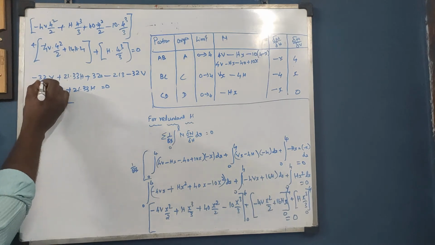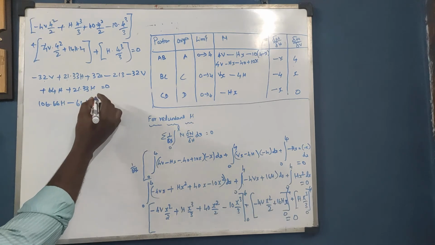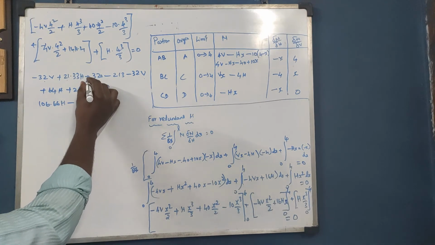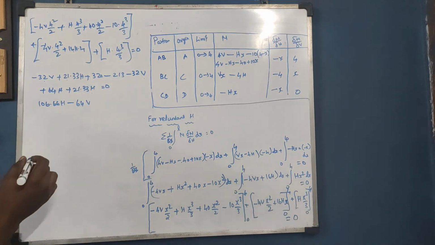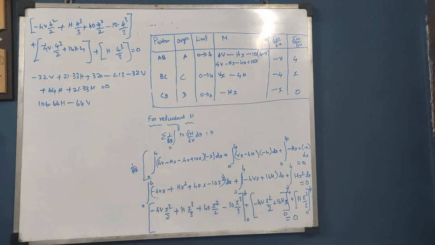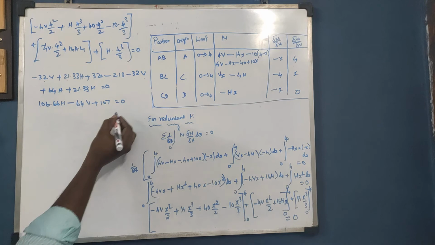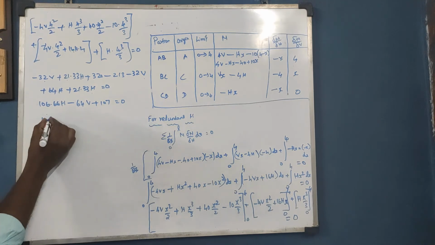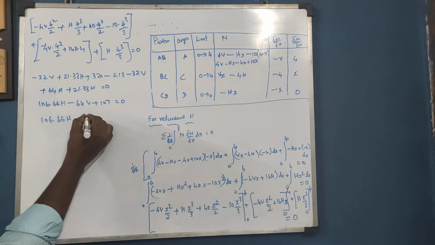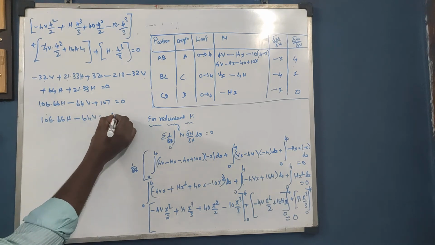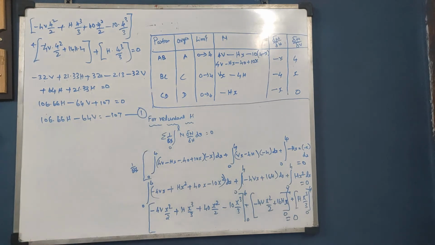Minus 32V minus 32V, it is 64V, and 320 minus 213 is plus 107 equal to 0. Therefore, 106.66h minus 64V equal to minus 107. This is equation 1.